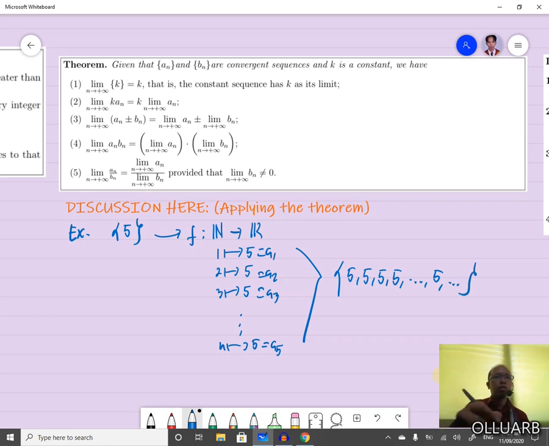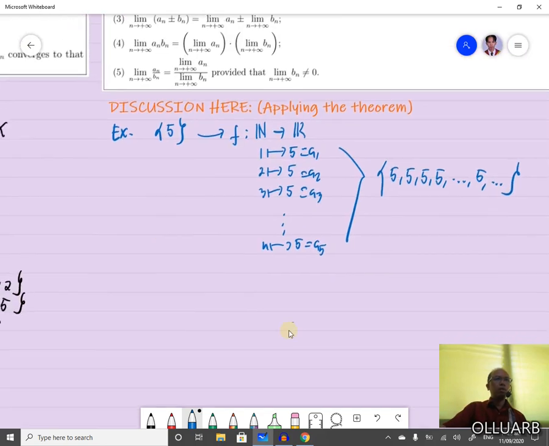So the limit of this sequence as n approaches infinity is 5.